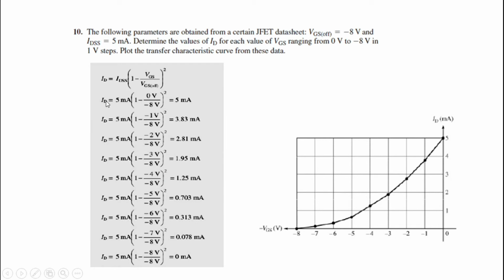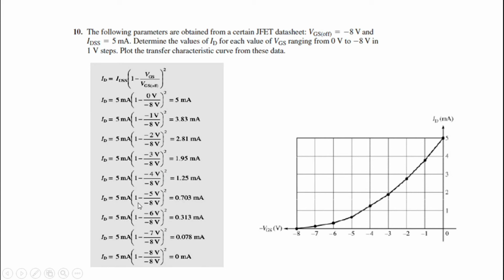Your ID value at VGS equal to 0 volts is 5 milliamps. Your ID value at VGS equal to negative 1 volt is 3.83 milliamps, and at negative 2 volts is 2.81 milliamps. The ID value at negative 3 volts is 1.95 milliamps. At negative 4 volts, ID is 1.25 milliamps.